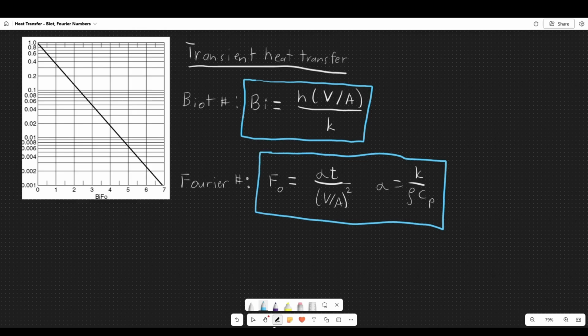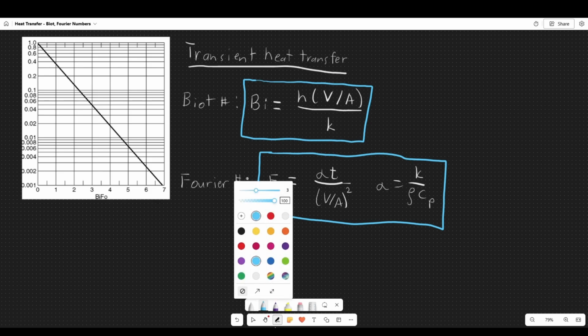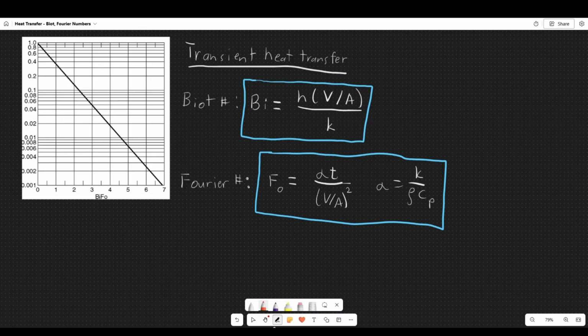And now what we need to know is the basic equation of any transient heat conduction. So the go-to equation is, let's use orange, the transient heat equation. So that's going to be this Laplacian of theta. Remember, theta was our non-dimensional temperature.